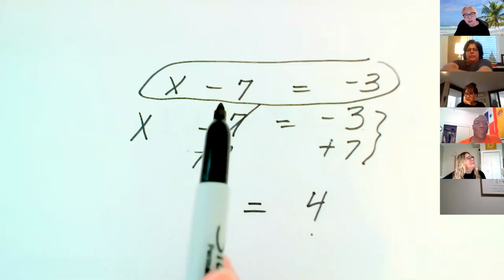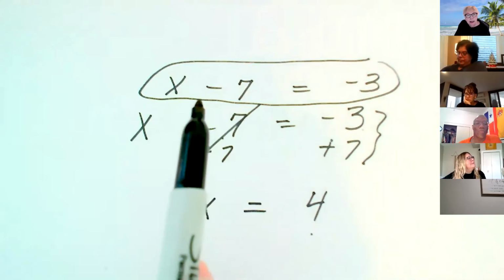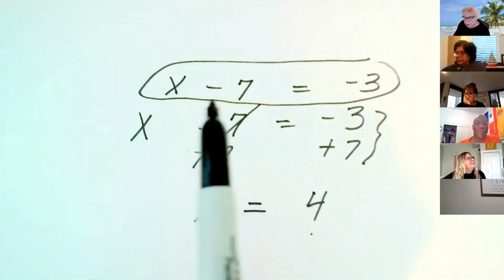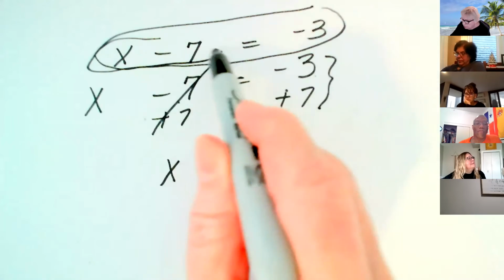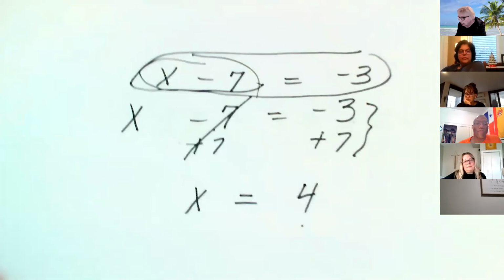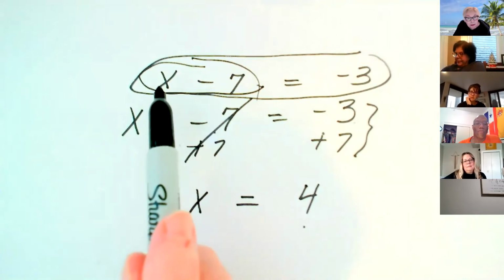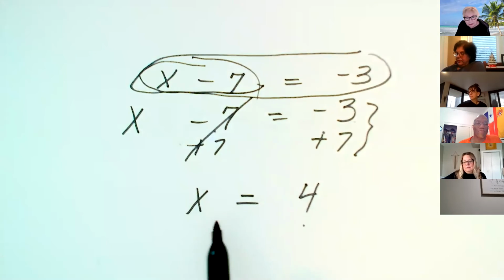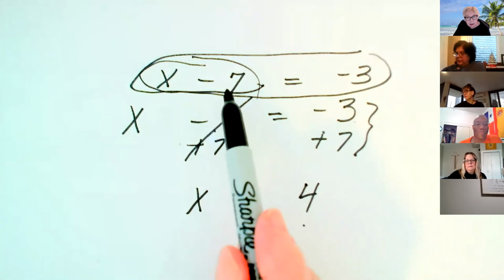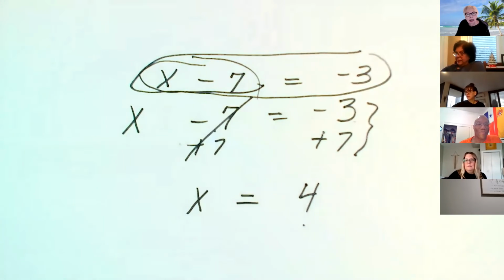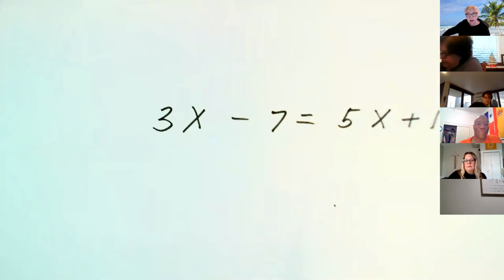Whichever side has the letter is where your focus is. I'm not getting rid of the x, that's what I want to keep. So I get rid of the -7, I added 7.